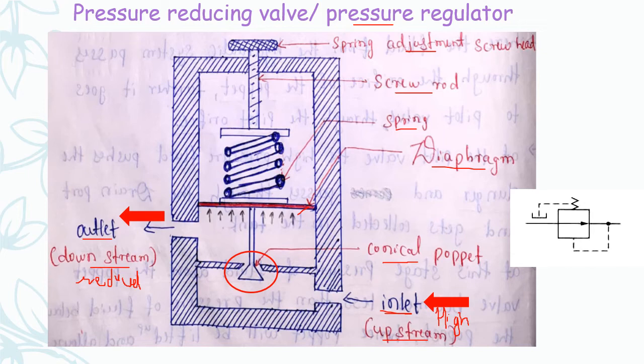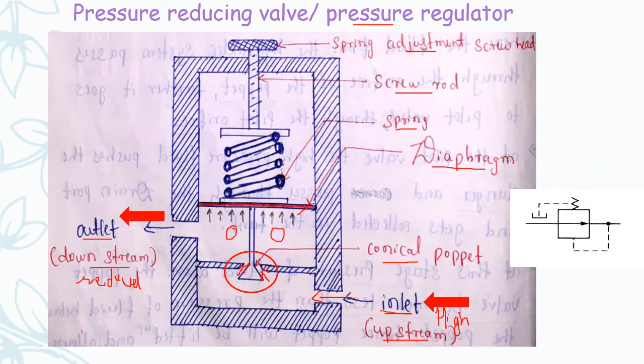Initially when we pass the high pressure fluid at the inlet, it will pass through a gap at the conical poppet and collect below the diaphragm.